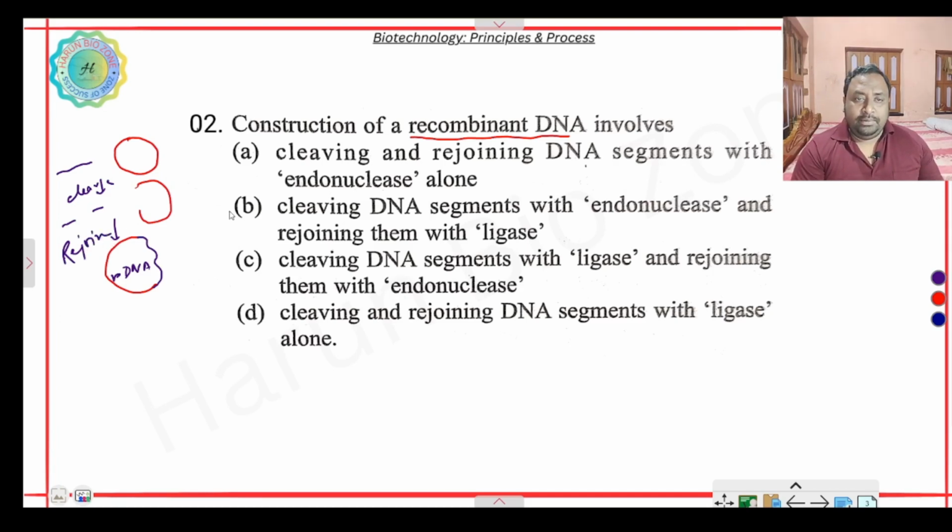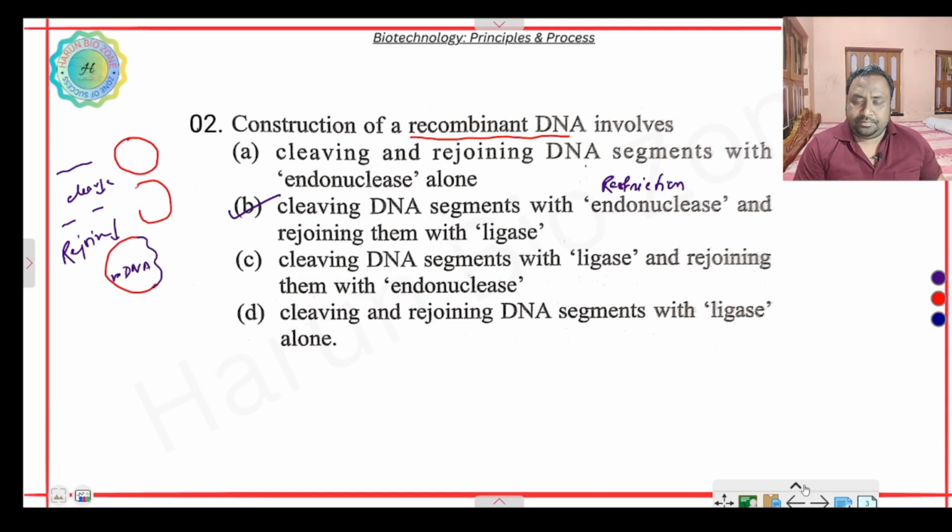So cleaving the DNA segment with endonuclease, and endonuclease means restriction endonuclease, because pure endonuclease cuts DNA at any segment, but restriction endonuclease cuts DNA at a specific sequence. So here the correct option is B.